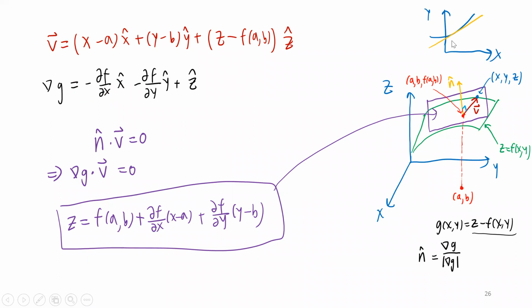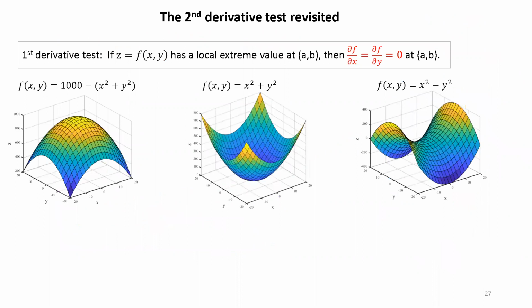For the one variable function, the first order Taylor polynomial is a tangent line. For the two variable function, the first order Taylor polynomial is a tangent plane. So now, making use of this Taylor polynomial, let's go back and revisit one of the items that we learned back in chapter 1, which is known as the second derivative test for a function of two variables.